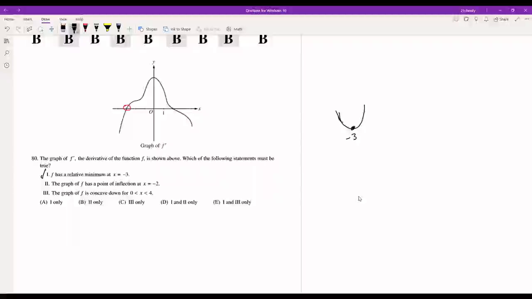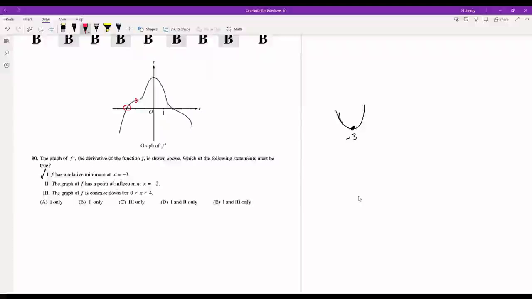So now moving on to number 2, the graph of f has a point of inflection at x equals negative 2. So x equals negative 2 is right here. And a point of inflection is when the concavity of the graph of f changes. And so that means there's a sign change in the second derivative, which would mean a change in the derivative of this derivative graph.